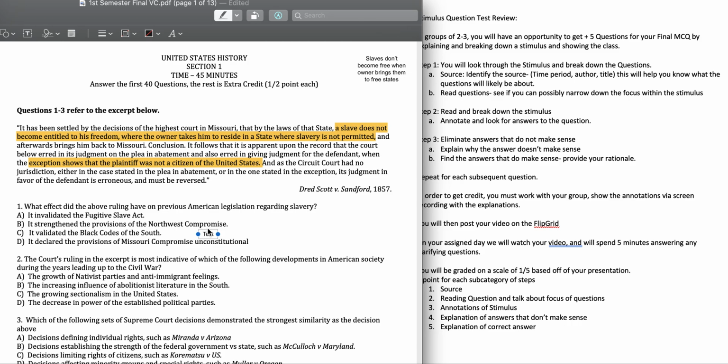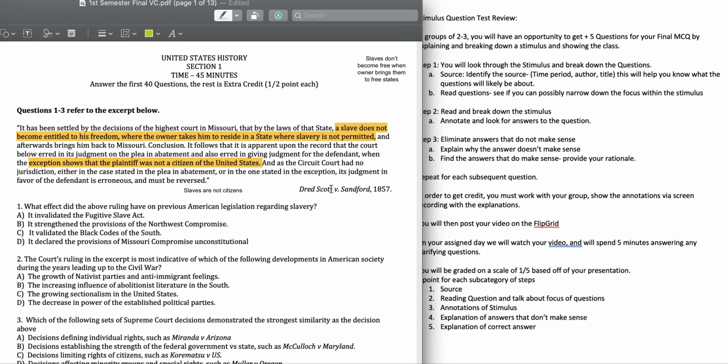What do you mean he wasn't a citizen of the United States? Well, if you knew the court case or if you researched it, you would also understand that slaves are not citizens, right? So they have no legal standing. And as the circuit court had no jurisdiction, either the case stated in the plea in abatement or in the exception, its judgment in favor of the defendant is erroneous, meaning it is wrong and must be reversed.